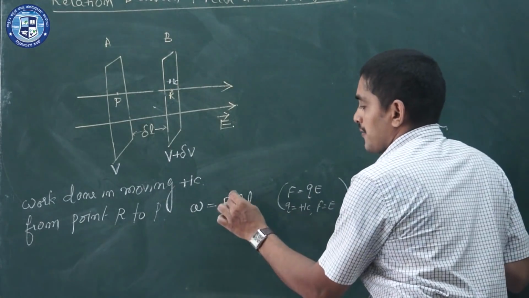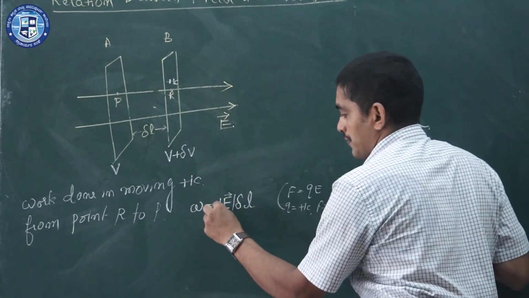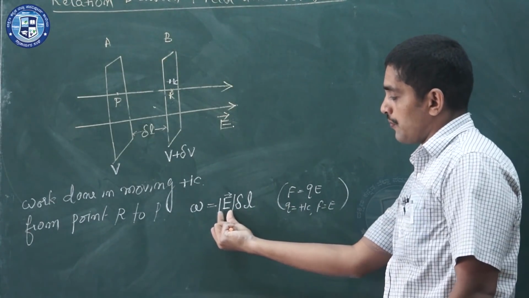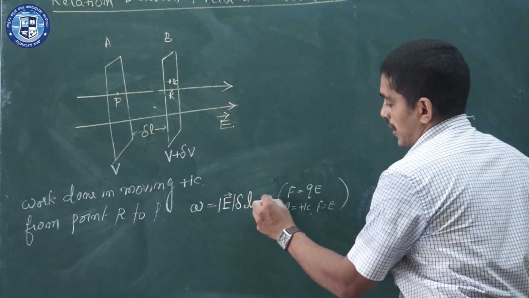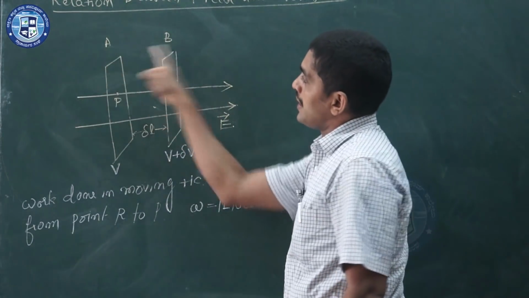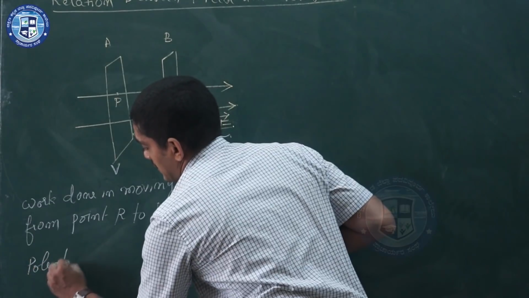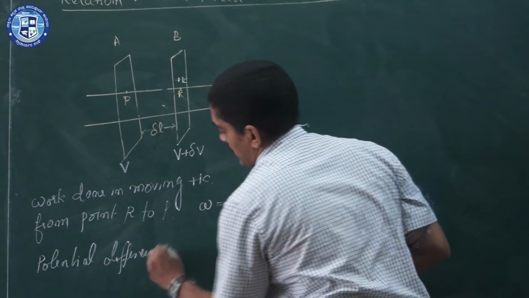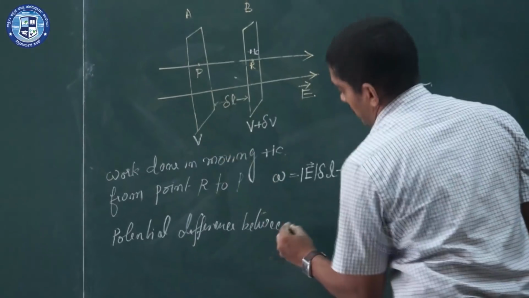If you write it in vector form, then I need the magnitude of vector E into dl. Now, what is the potential difference between R and P?